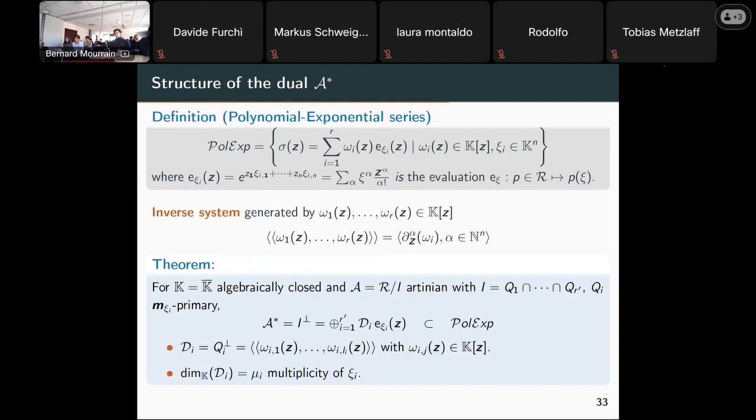Using this representation of the dual, with the polynomial times some exponential at the root. And the dimension of this space is the multiplicity of A. We can read from the dual representation, in fact, all that we need to analyze these points.